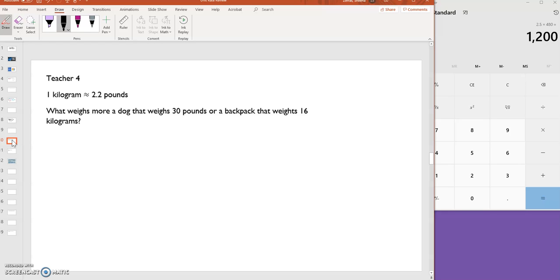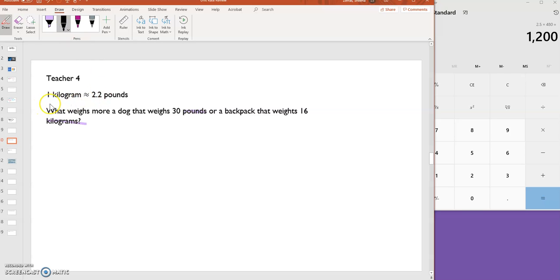I cannot compare these as is because, if I look at the 2 units, I have pounds and kilograms. So I'm going to have to change one of those. And I don't just do that by crossing it off and changing it. I'm going to do a metric conversion here.